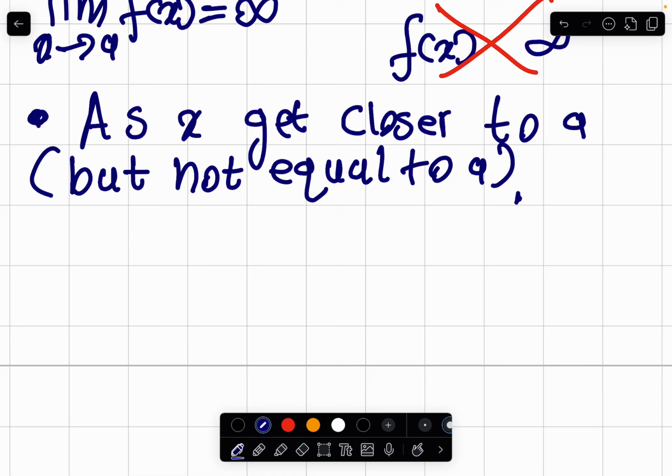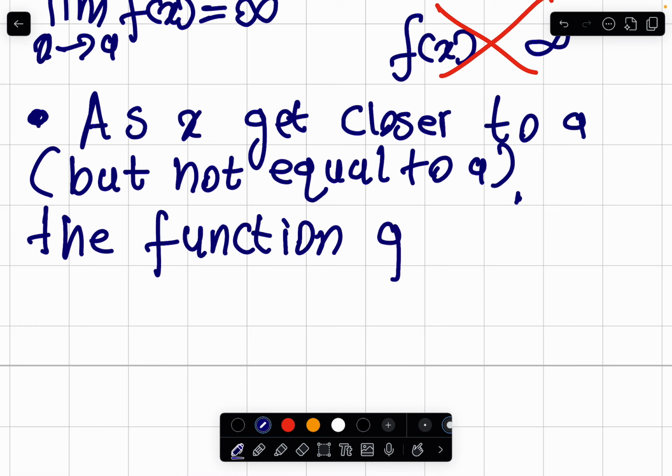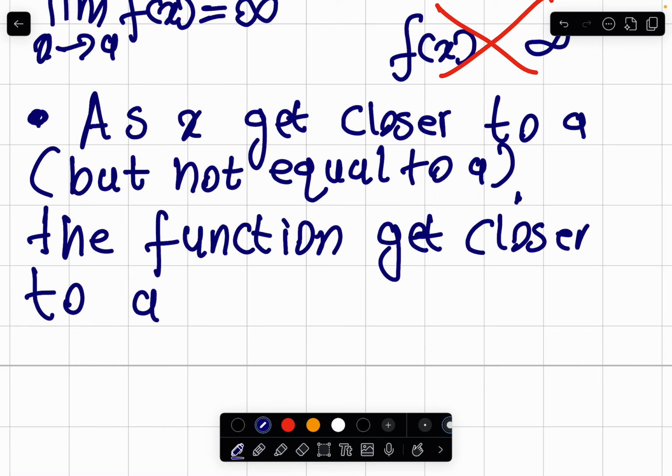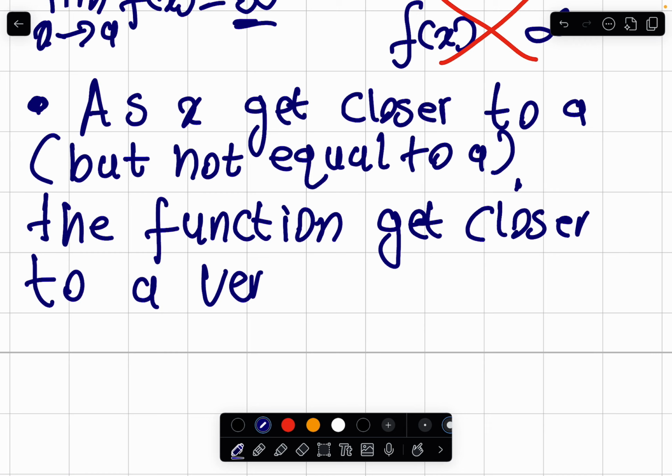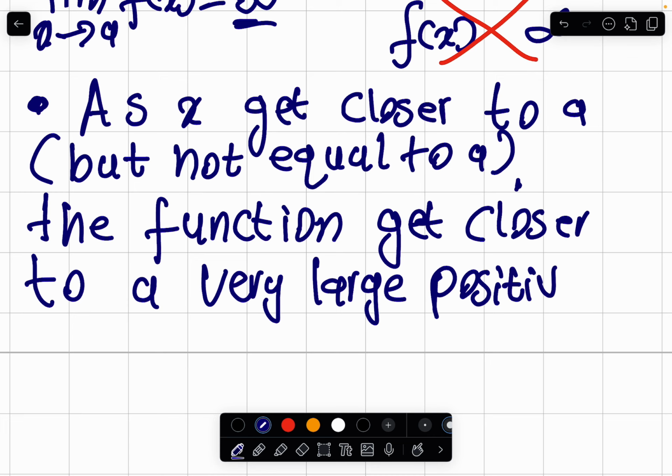You tell them, don't say f of x. F of x is a mathematical symbol. Say the function. The function gets closer to a very large positive number.